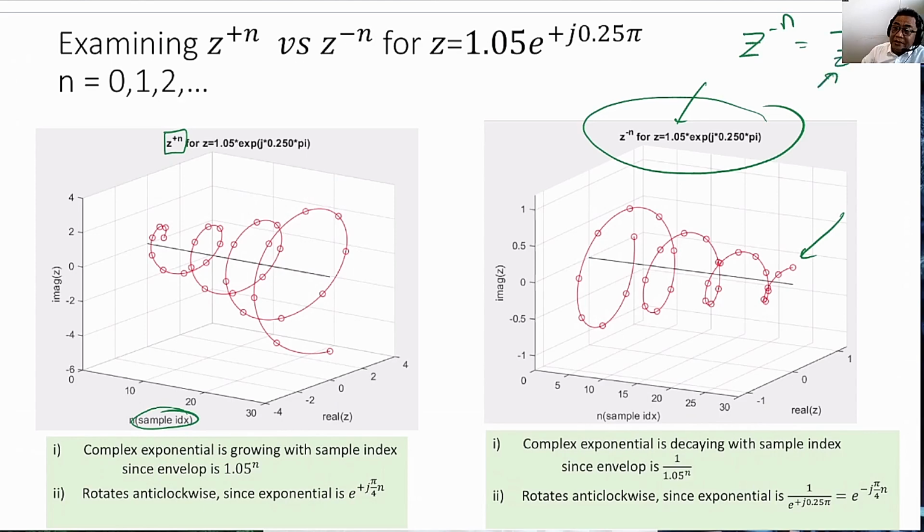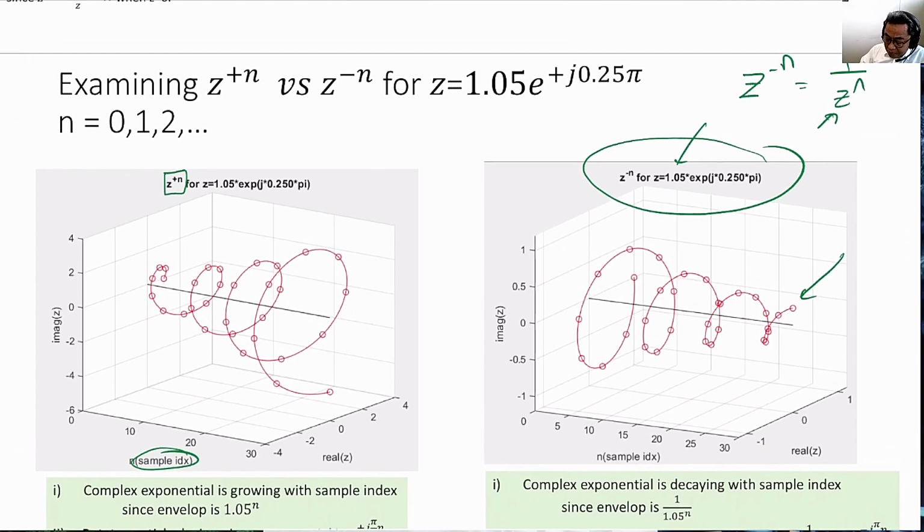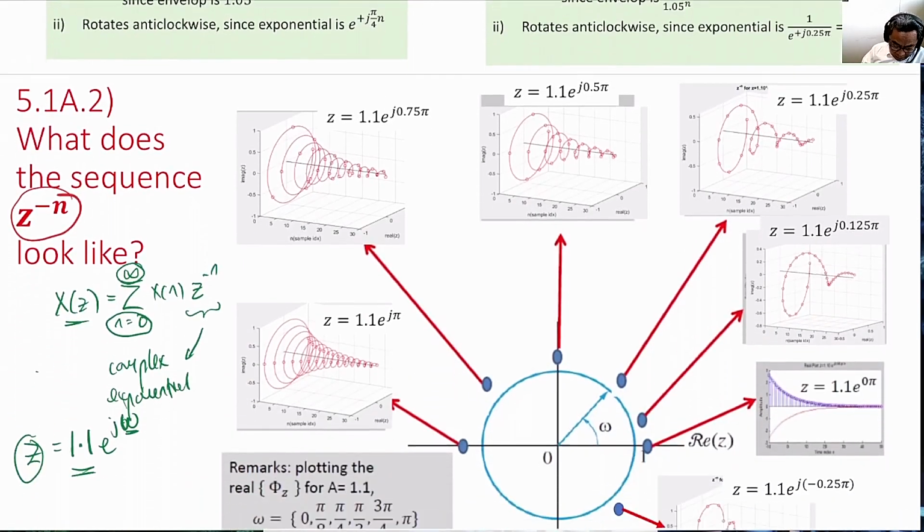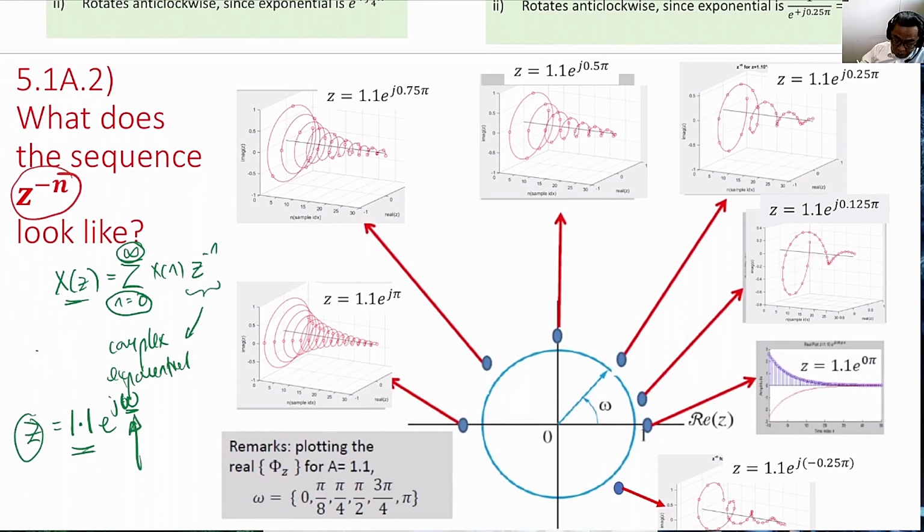When z has a value greater than 1, z to the power of n becomes larger and larger, but because it is 1 over a larger and larger number, the complex exponential is growing smaller and smaller. Now we want to study what the angle omega will do to this rotation of the complex exponential.